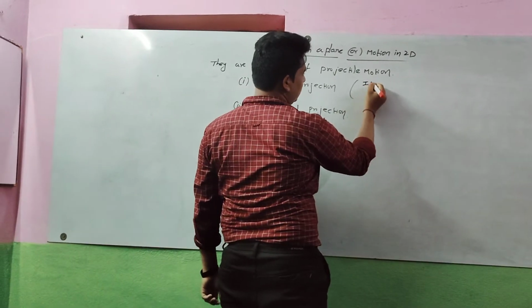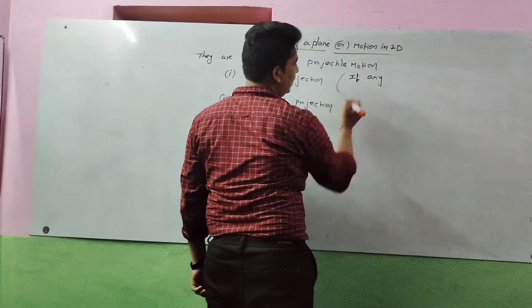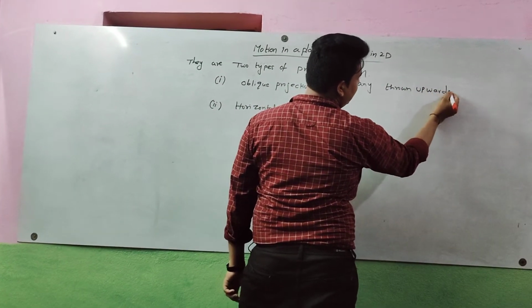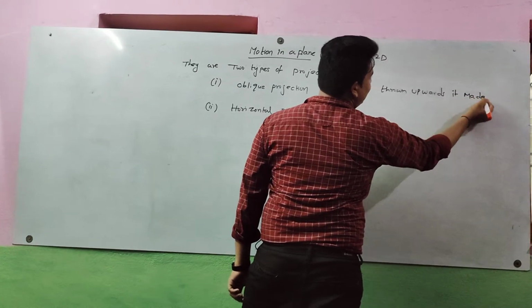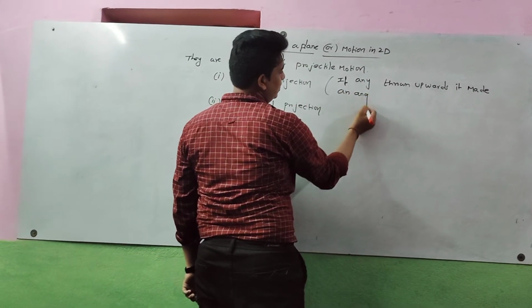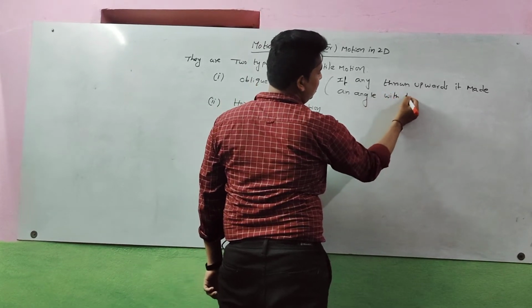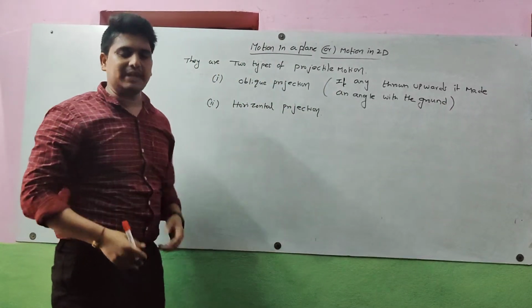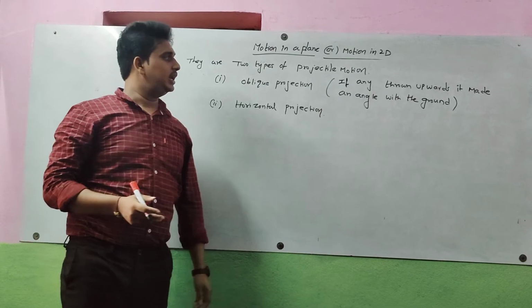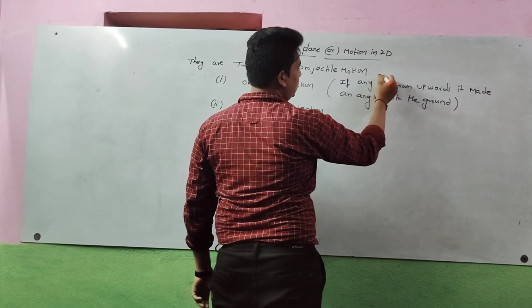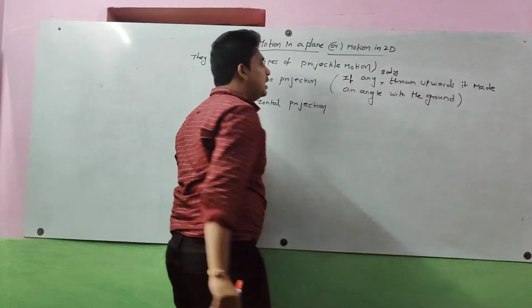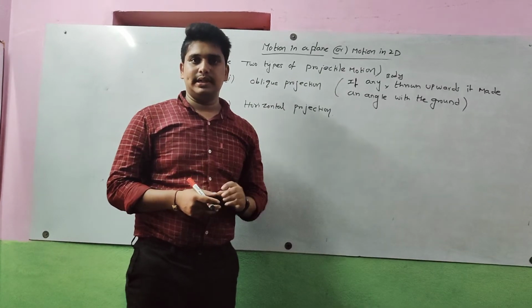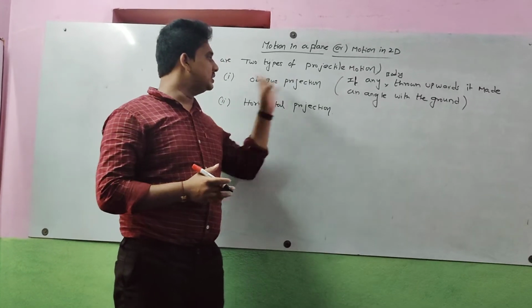If any body is thrown upwards and makes a certain angle with the ground, that is called oblique projection.